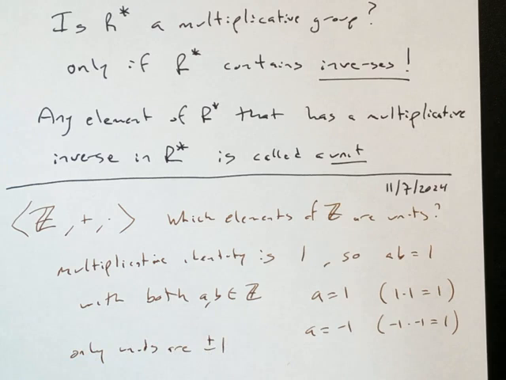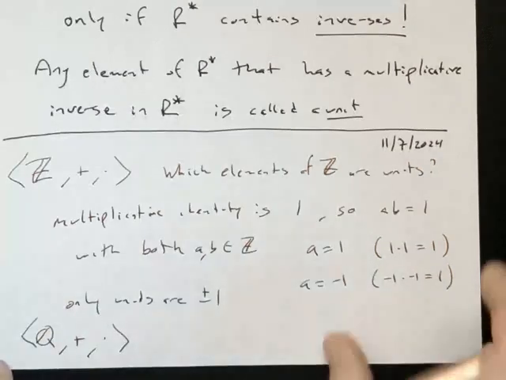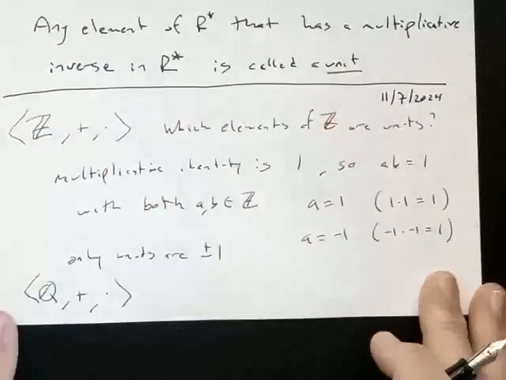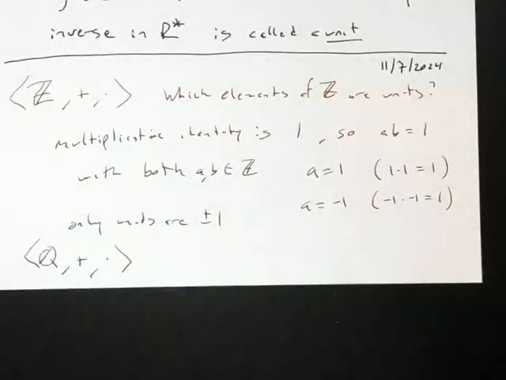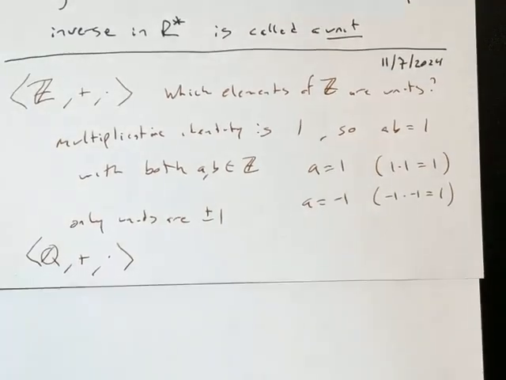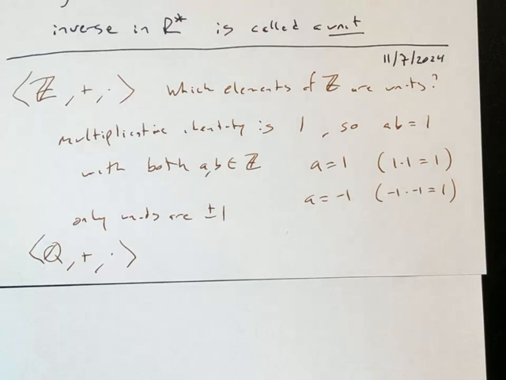But if I think about the rational numbers, what rational numbers have multiplicative inverses?